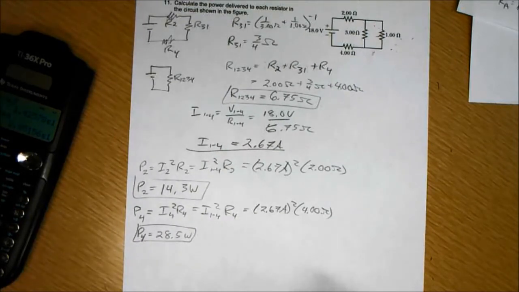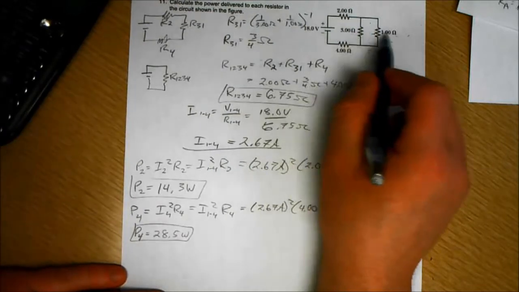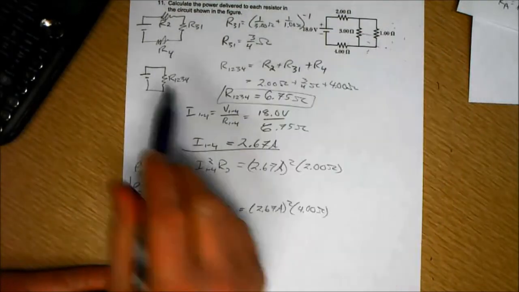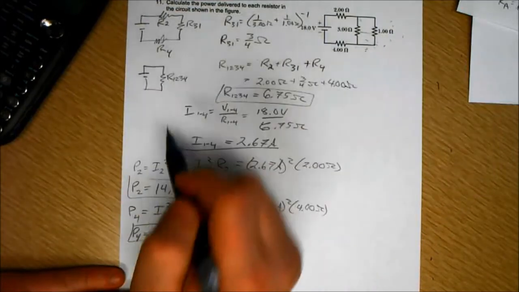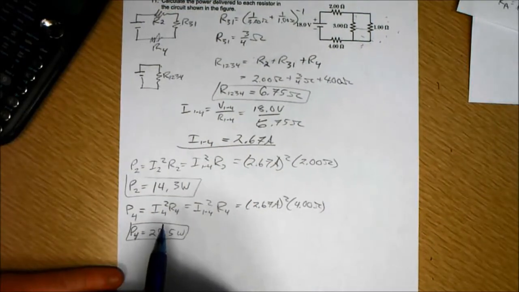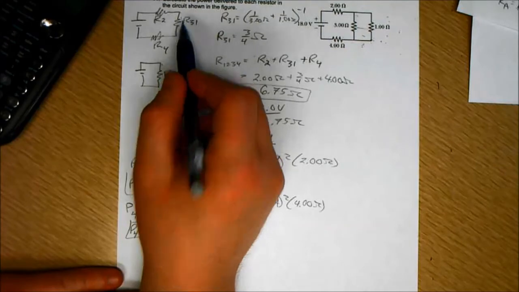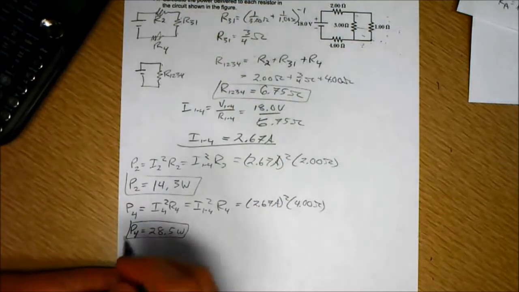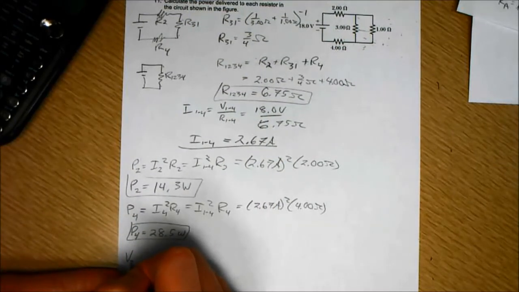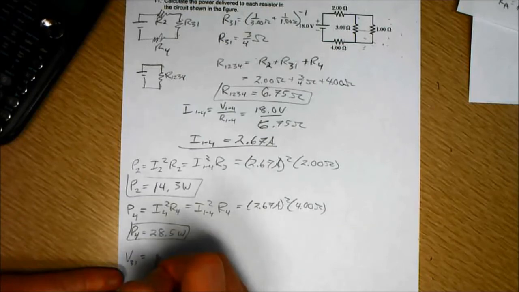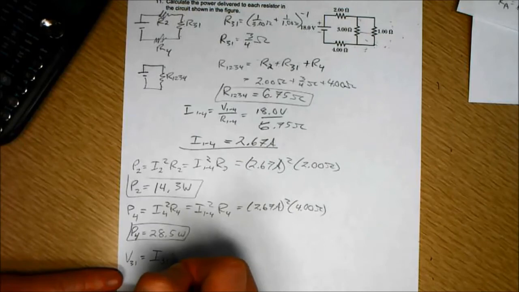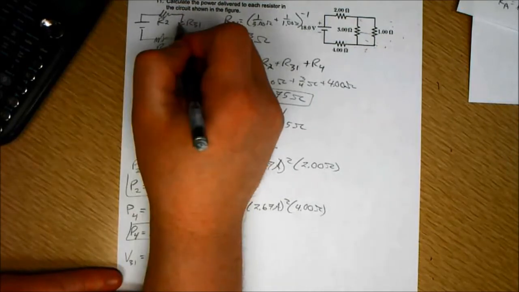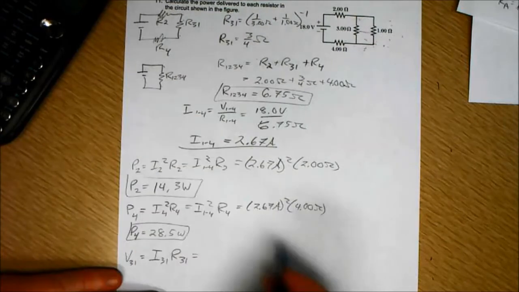Okay, so now we haven't done anything about these two things in parallel, but we can find the current through each one of these branches if we find the voltage drop across the equivalent resistor. So the voltage drop across 3.1 is equal to the current through 3.1 times the resistance of 3.1. The current through that equivalent resistor is the same as the current through the whole circuit.